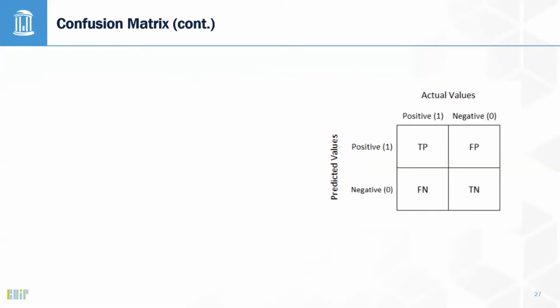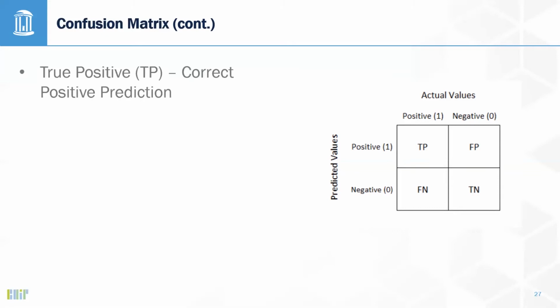The top labels of the confusion matrix represent whether a patient is actually positive or negative for a disease. The labels on the left of the confusion matrix represent whether a patient is predicted to be positive or negative for a disease. In the top left, these are the values that the model predicted to be positive and that were actually positive in the data. We refer to these as true positives.